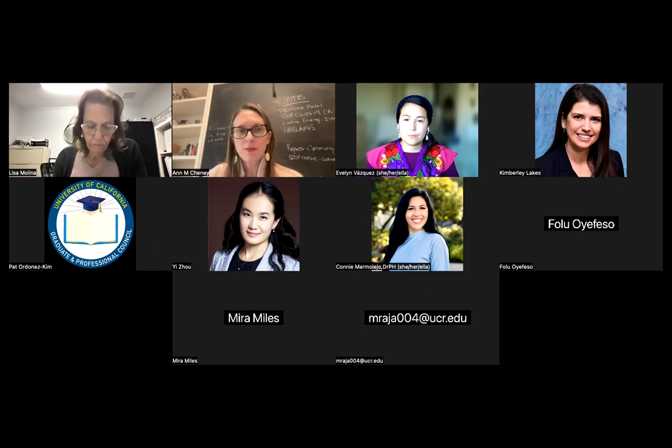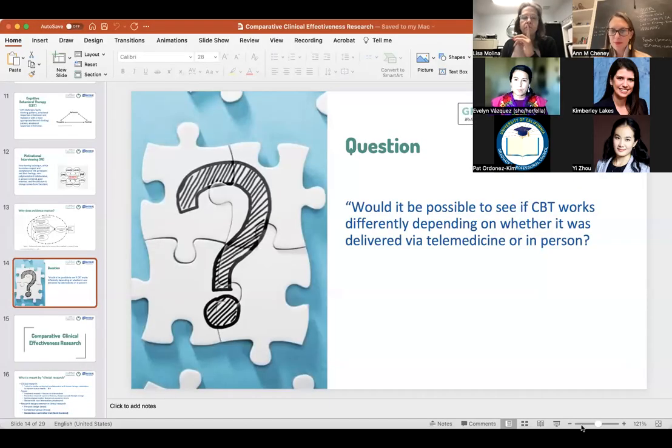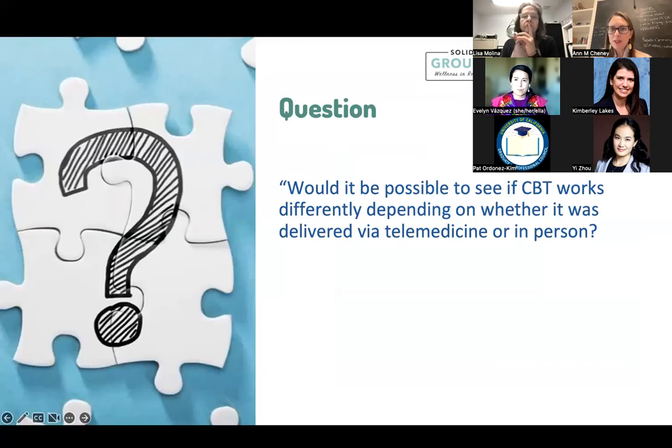Okay, so I am prepared to bring up our question again and to walk through this as our example. So earlier we talked about the idea, would it be possible to see if CBT works differently depending on whether it was delivered via telemedicine or in person?